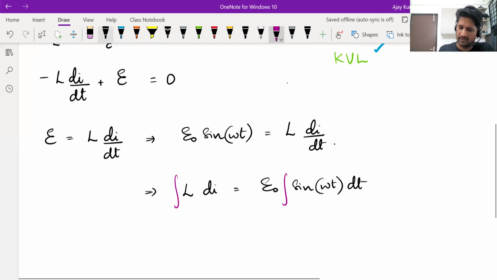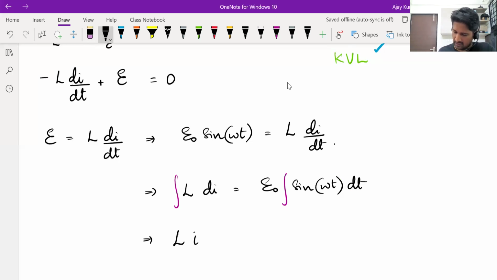Integral L di will be Li. Actually, it will be Li with limits, some initial current I naught to current I, equal to E naught. Can one of you tell me what is integral sine omega t?